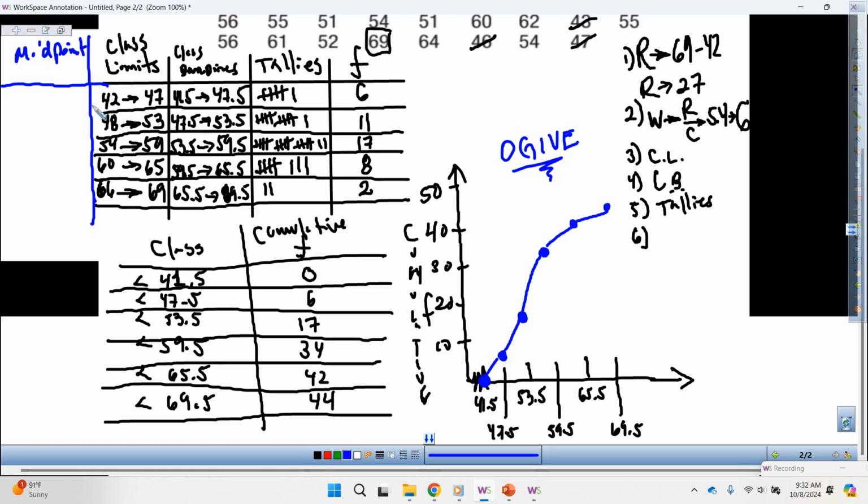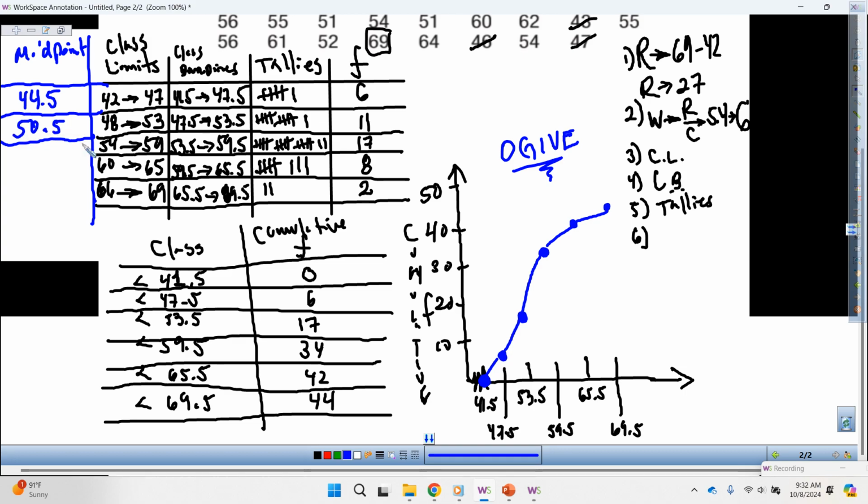All right. Let's see, midpoint for the first one. Selena, what did you get for the first one? 44.5. Hands, have you got that? Looks about right. Turn to your neighbor, let them know how we got that, please. How did we get 44.5? Next one. Anna, what did you get for the next one? 50.5.